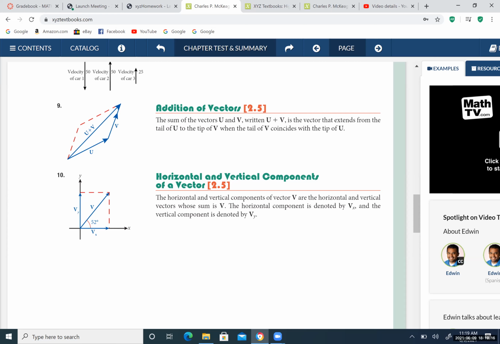And we have horizontal and vertical components. Again, for this type of vector, you don't learn it deeply, but you know what it is.